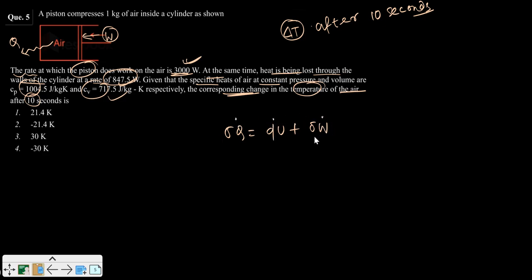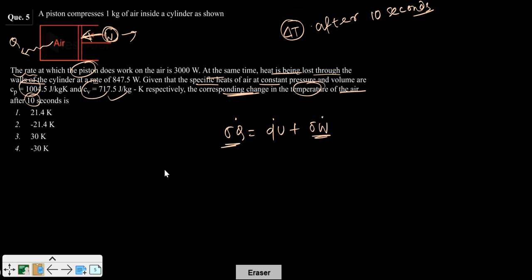So this value is given, this value is given. So let us talk about the sign over here. Here W is given to the system, so this will be a negative sign, right? So 3000 watt will be put with a negative sign, right? And again heat is being lost from the system, so this will be put with a negative sign here, right?